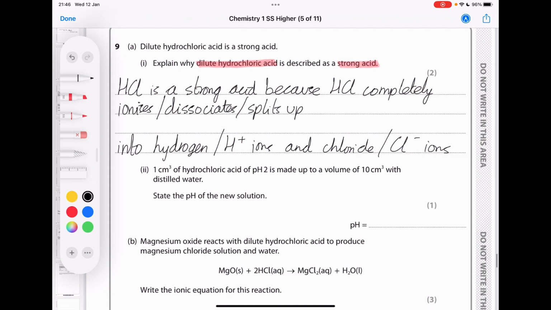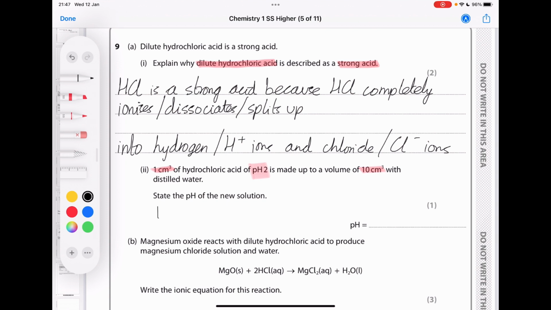For part 2, you've been told that 1 centimetre cubed of hydrochloric acid of pH 2 is made up or diluted into a volume of 10 centimetres cubed. We should remember that 1 pH unit is a factor of 10.